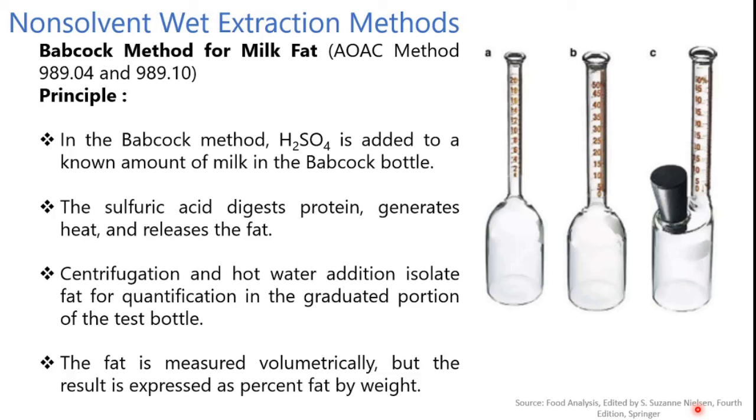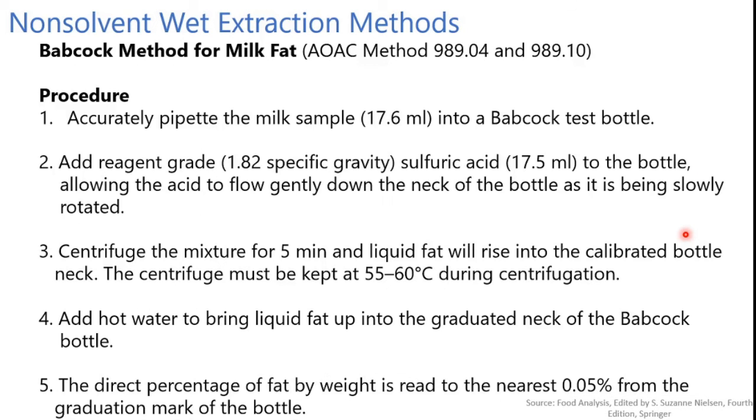Then centrifugation and addition of hot water isolates the fat for quantification in the graduated portion of the test bottle, and the fat is measured volumetrically, but the result is expressed as percentage of fat by weight. This is the particular Babcock bottle which shows the markings, a graduated marking over the neck of the bottle.